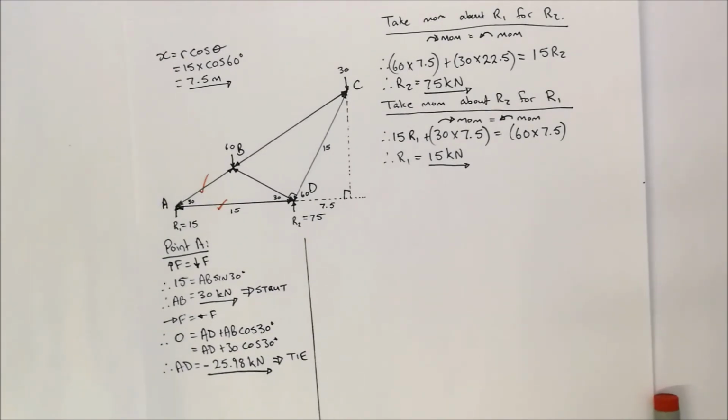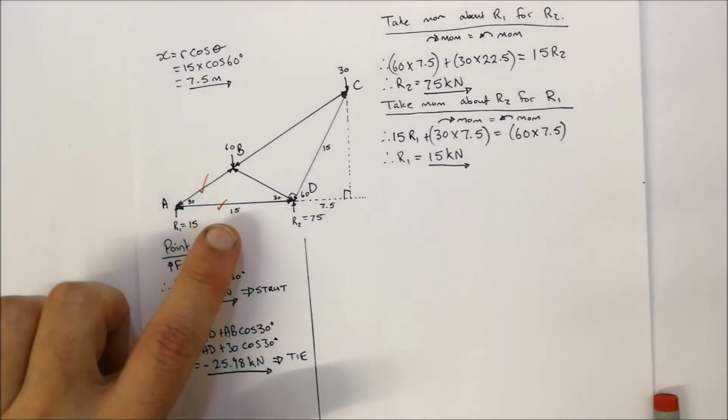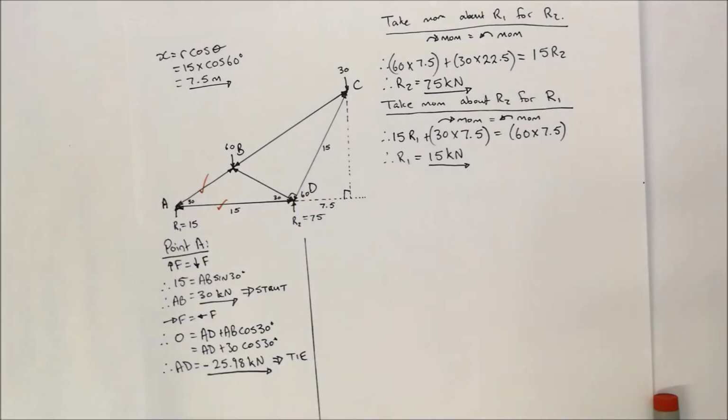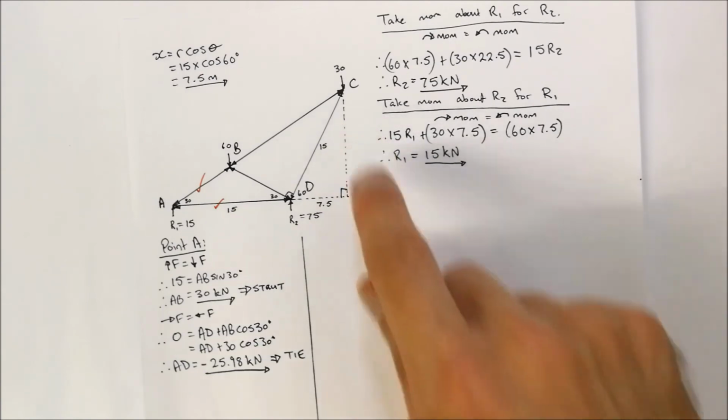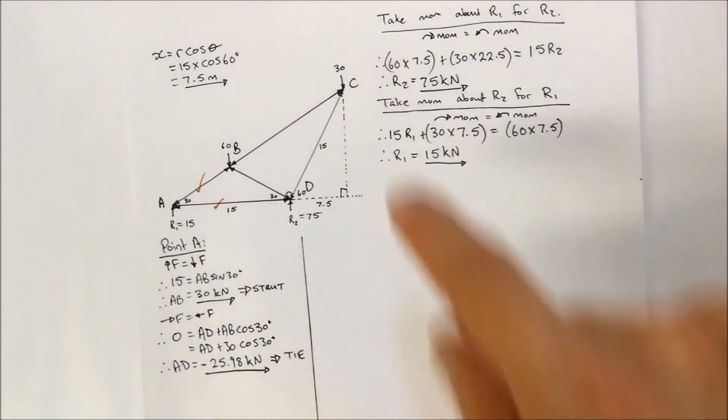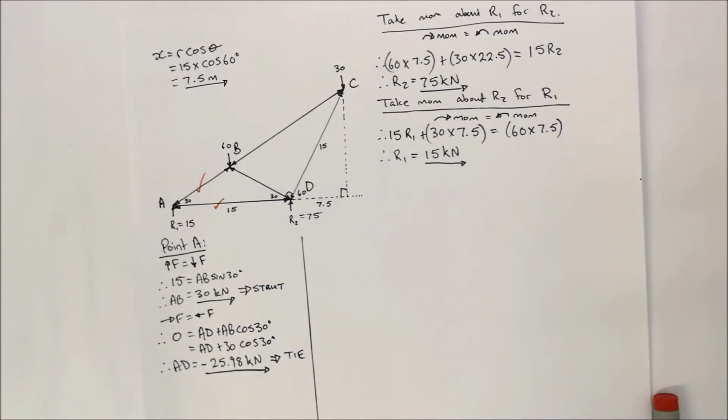If we have a look at point D, we've got one known over there, but again we've got two unknowns, which makes it a bit difficult, and they've both got horizontal and vertical components. And the same thing with point C. Both of those beams have got horizontal and vertical components.